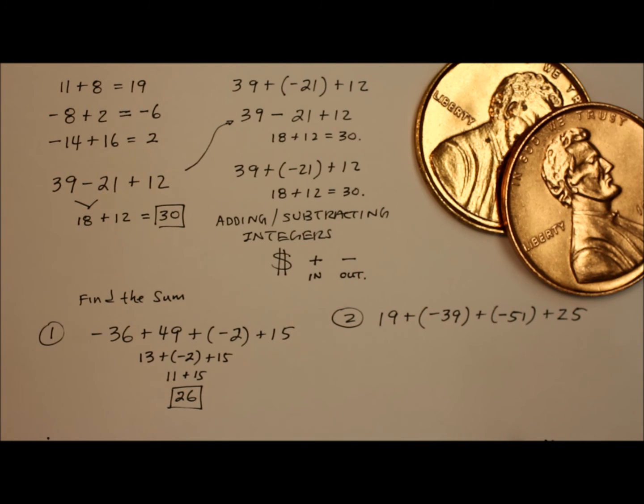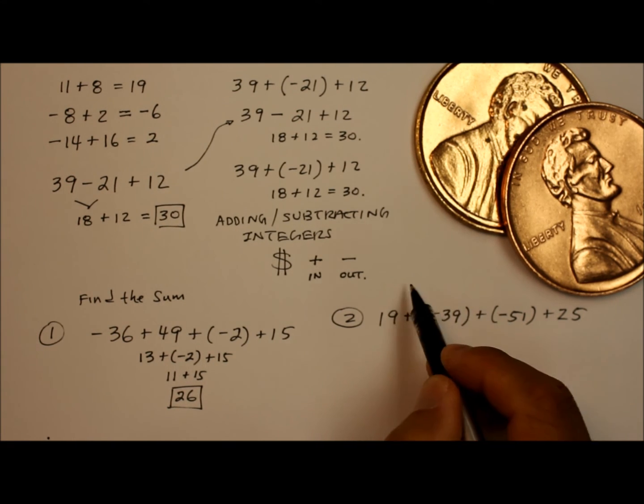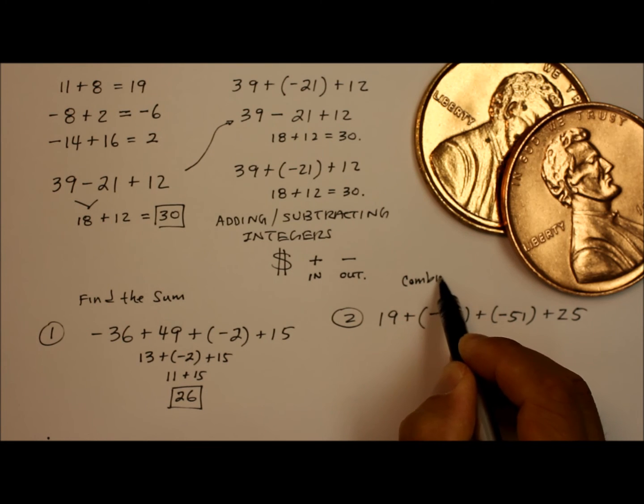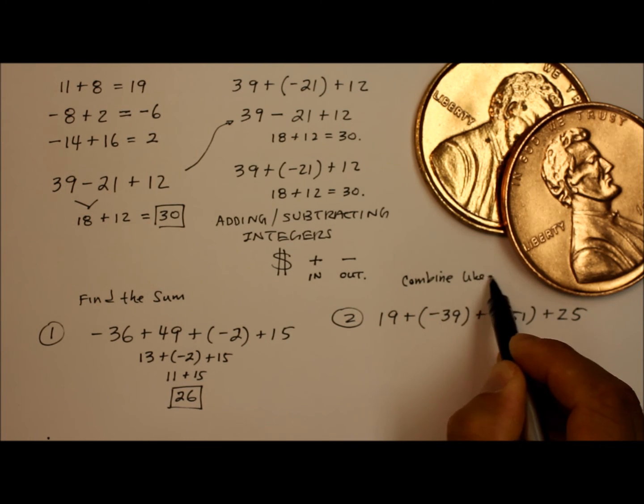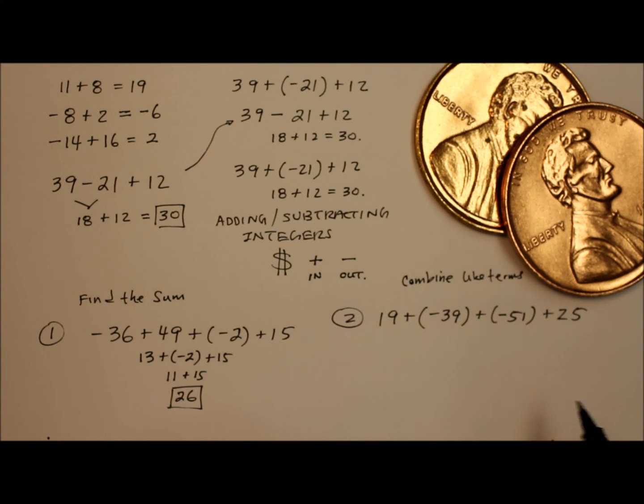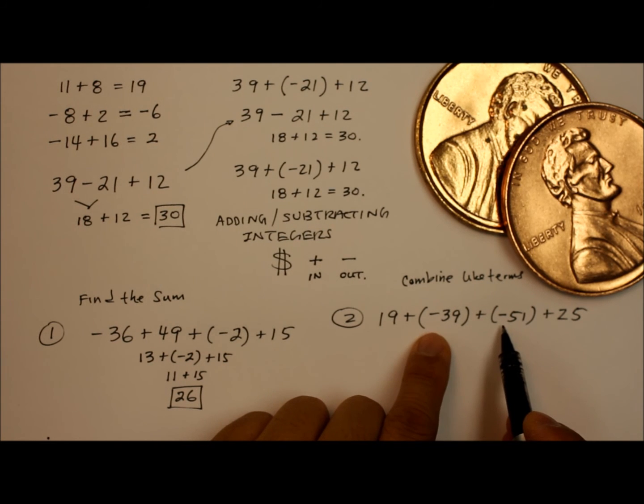Good. Now, I'm sure you got the right answer, but let me show you another alternative. When we get to algebra, you're going to start talking about a thing called combining like terms. What that means is, when you see negatives, you add those together first.